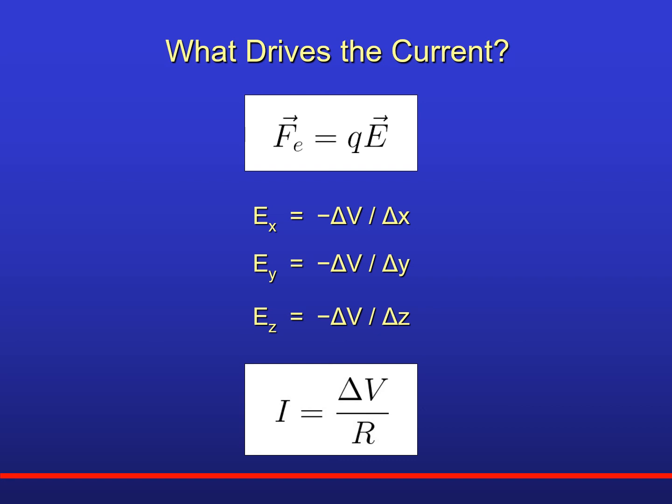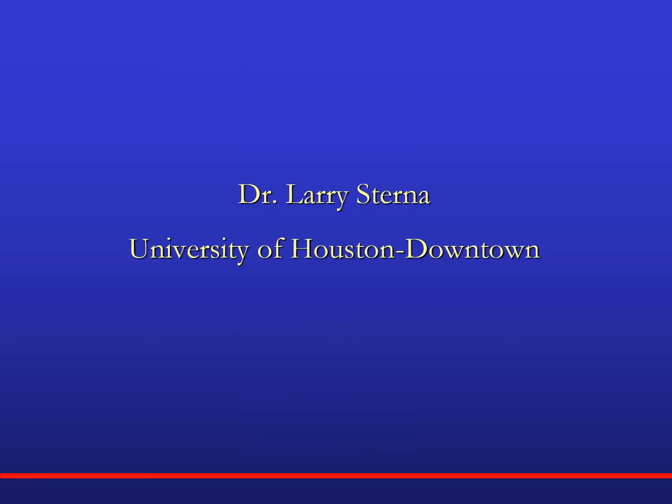But we formulated the current equal to delta V over R. The bigger the delta V, the bigger the current. R, like the friction, the bigger the R, it's in the denominator, the smaller the current. Okay, this relationship, current equals delta V over R, you'll see leads to what we call Ohm's law, which we'll talk about in a subsequent video. I thank you once again for watching all the way to the end.